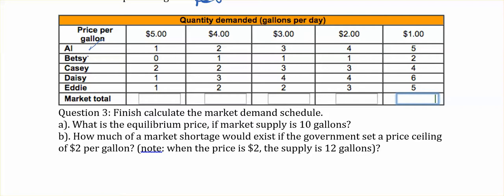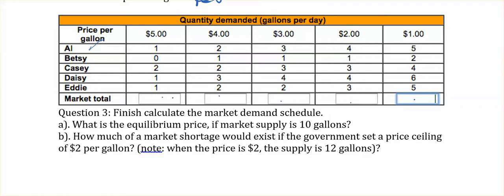So they are suppliers. And the first row in this table, below the title, is price per gallon. That is the possible market price: $1 per gallon per day, $2, $3, $4, $5. So in order to calculate the market demand schedule, we need to fill in these blanks.